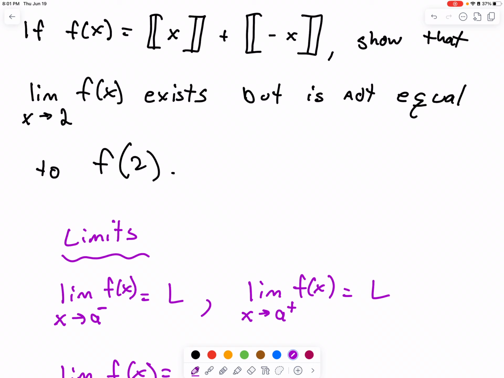And the second one looks like it's negative 2. Because usually when you have an integer in the brackets, you just take the integer. So it looks like it would be 0. So then what would this graph look like? Why wouldn't it just be 0 across the whole thing, as x approaches 2?